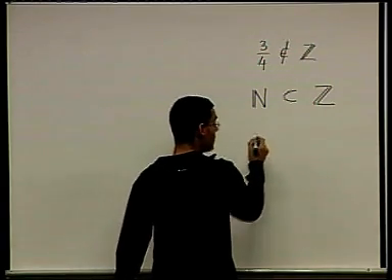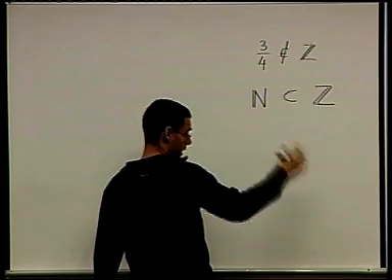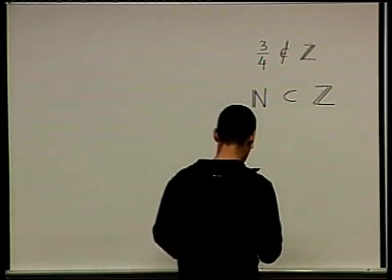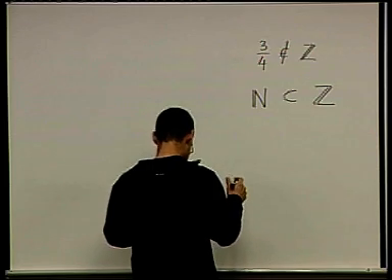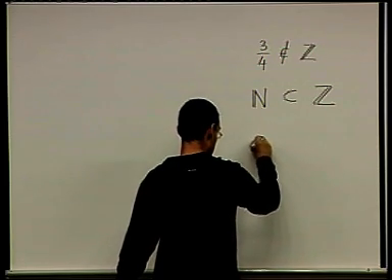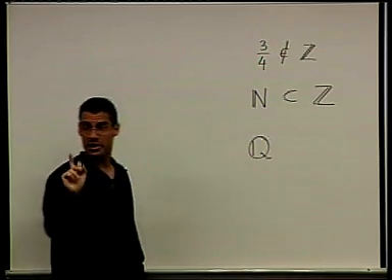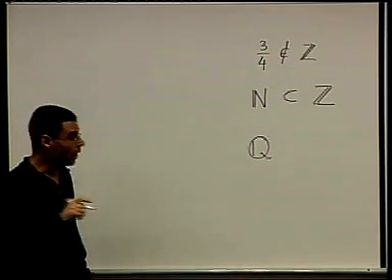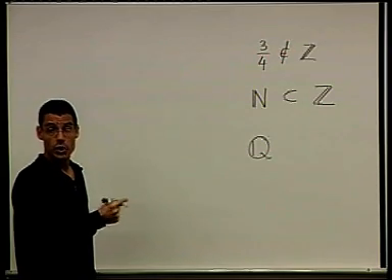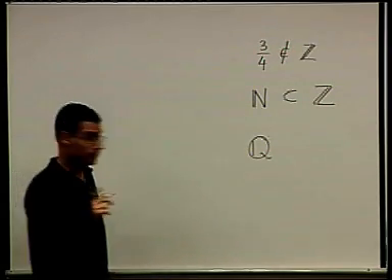And the interesting thing in this story, which I'm going to discuss a bit more, is the fact that the rational numbers are not everything. So there are real numbers which are not rational.